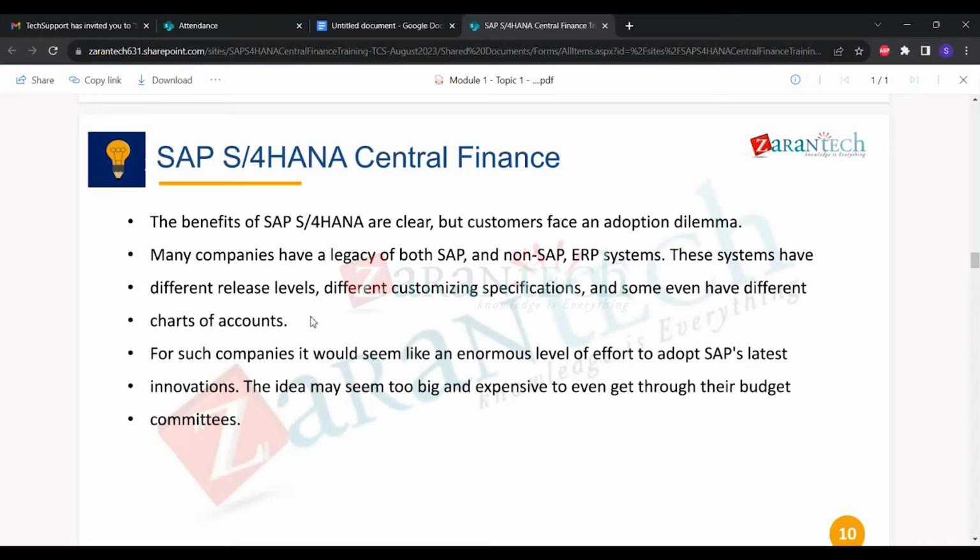So central finance comes as a blessing for them: if they don't want to change the processes in source, but want the benefits which S4 HANA is offering, this is probably the only way, by implementing the central finance system.